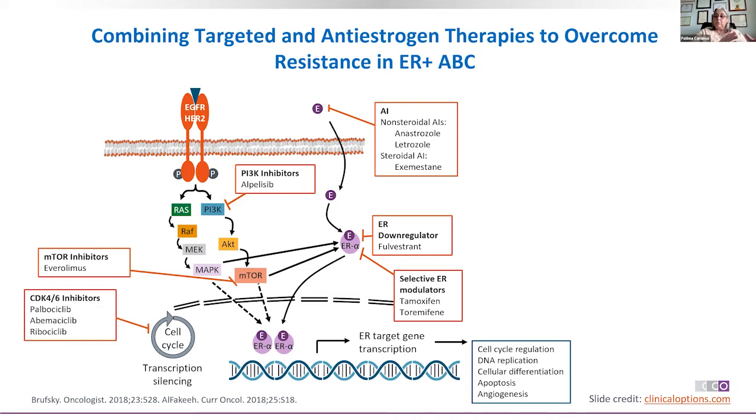So what we have developed were other agents that we combine with endocrine therapy to delay this resistance and make endocrine therapy more effective, but especially more durable in its effect.